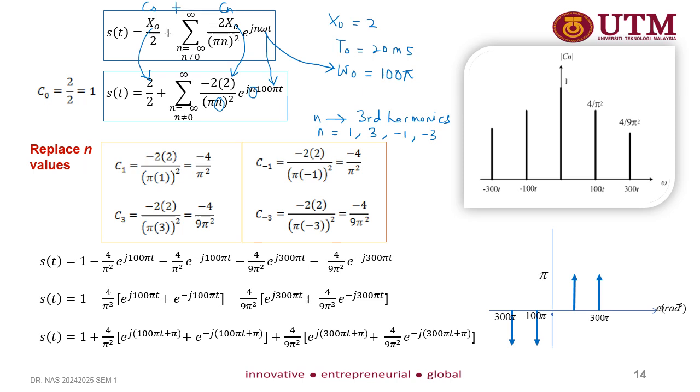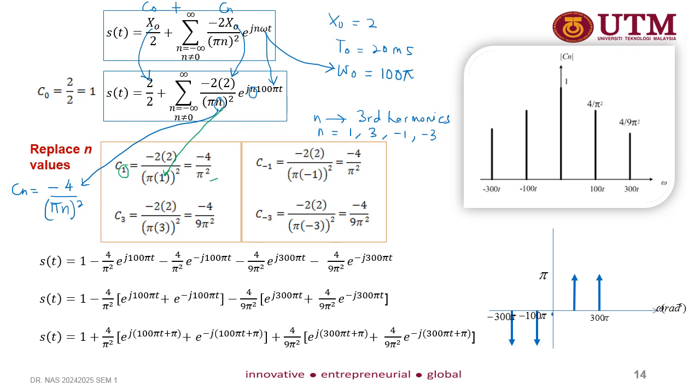So this is the Cn equation: Cn equals -4 divided by pi n squared. You then calculate your Cn. If n equals +1, you replace n with +1, so you get this equation.